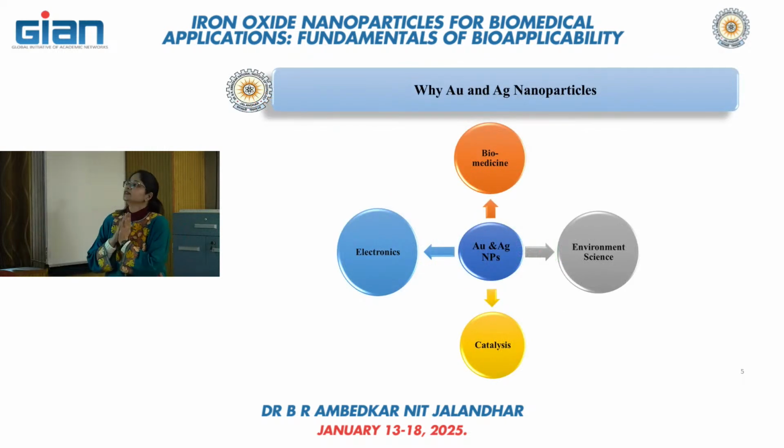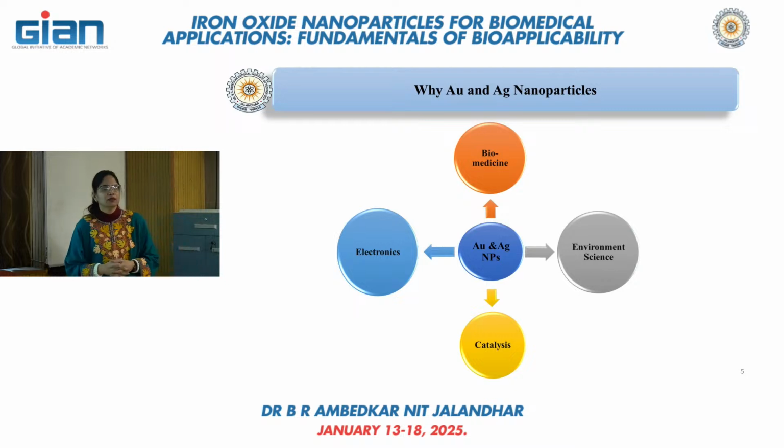So I have already discussed the applications in environmental science, for removal of pollutants. In catalysis, gold and silver catalyzed reactions are there, and in electronics, electrochemical and optical devices, in biosensors and all that, and in biomedicine, right? So gold and silver can be used in medicine.